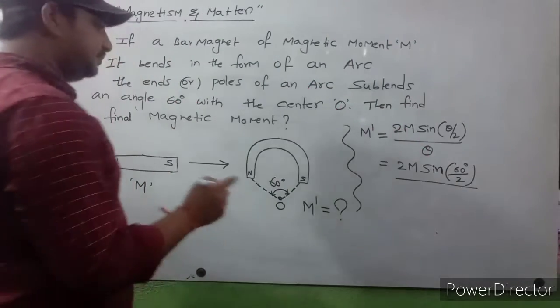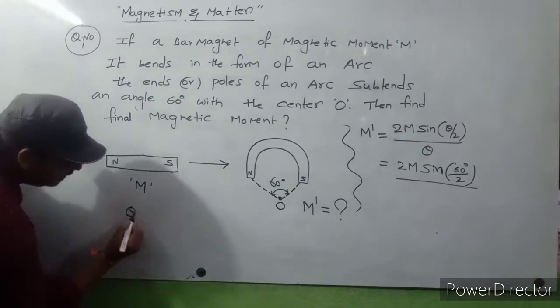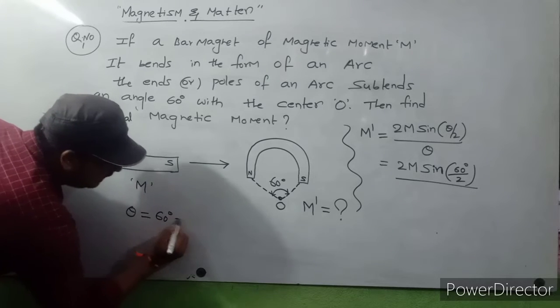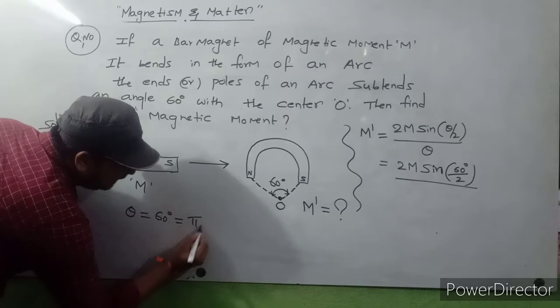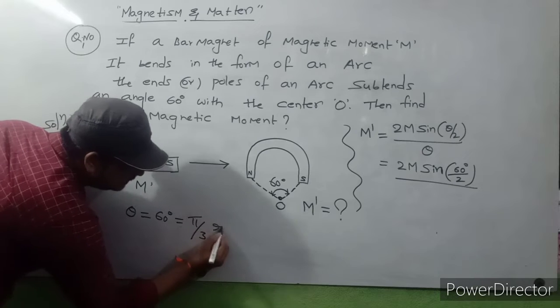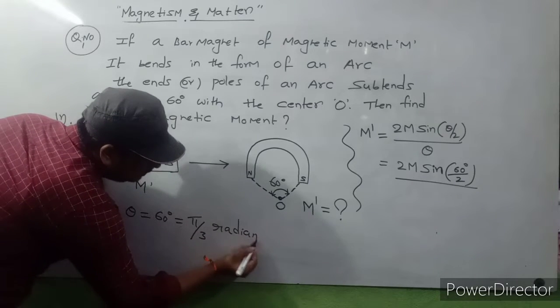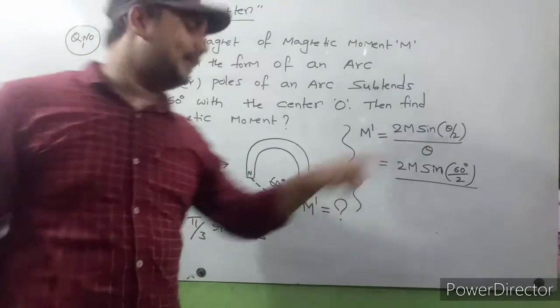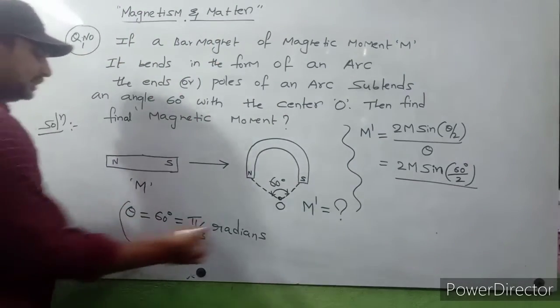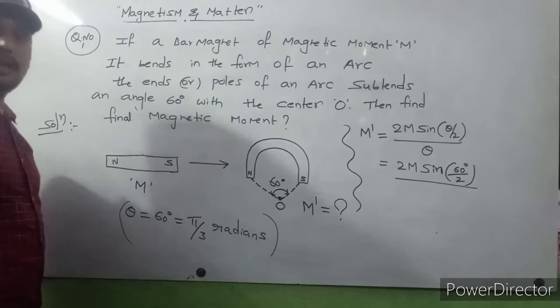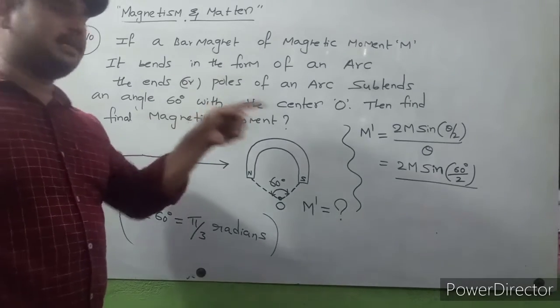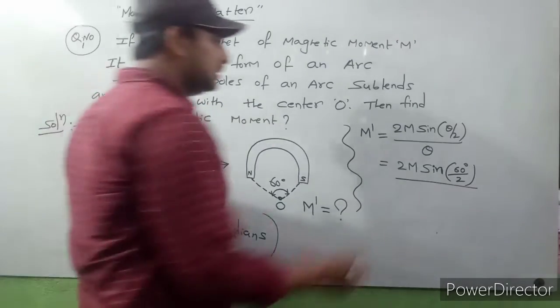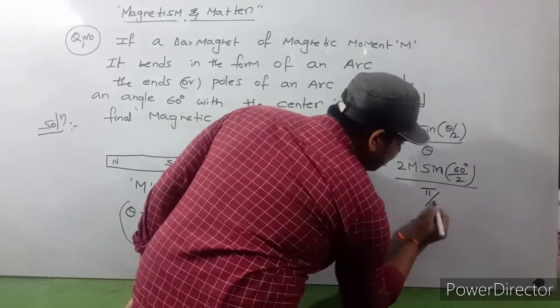You know already theta is equal to 60 degrees, that is equal to pi by 3 radians. In this formula theta must be taken in radians. So theta is nothing but pi by 3.